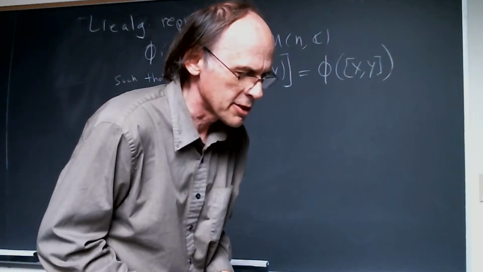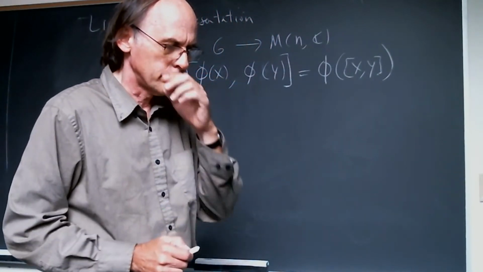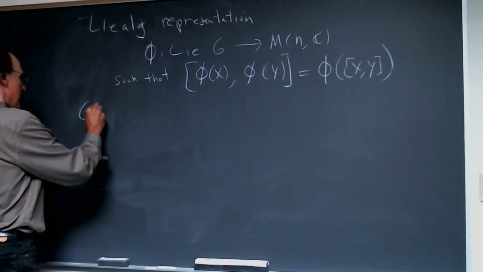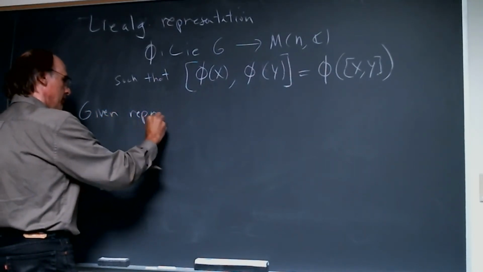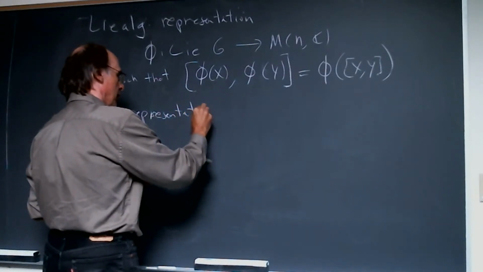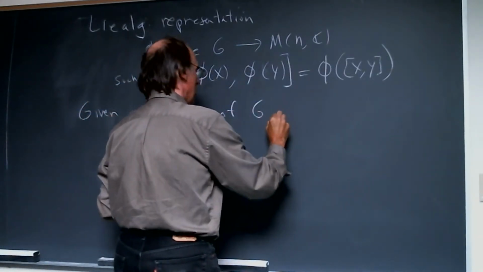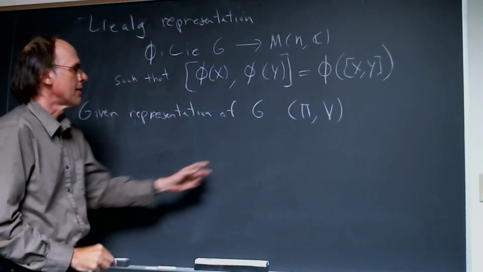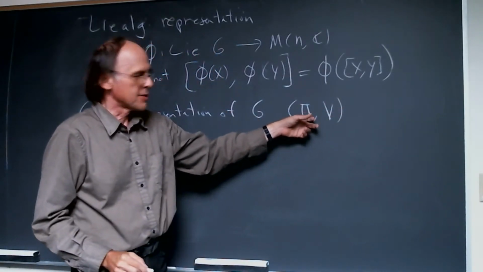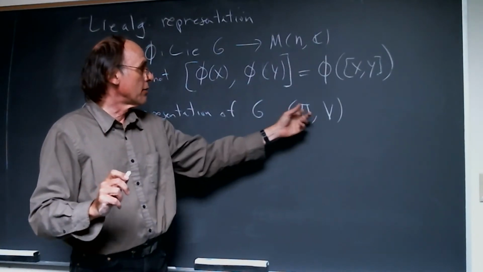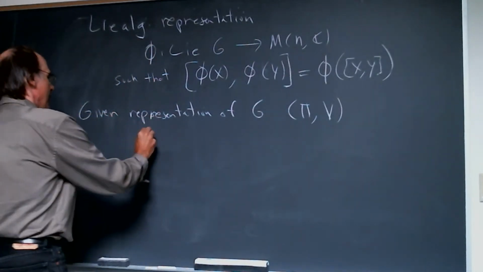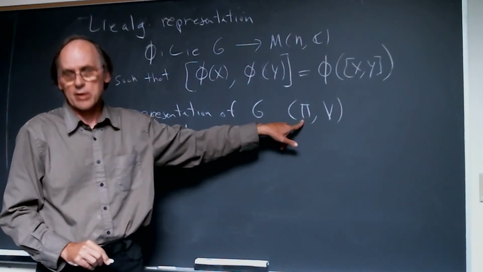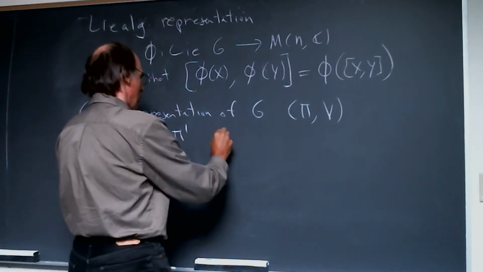And then maybe just the last thing to say about this is that if you're given a representation of G, so it's pi, a representation on some vector space V, then if you think of this as a map between the Lie group and GL(n), you take its derivative, phi equal to the derivative at the identity of this thing, which I talked about abstractly last time, is a Lie algebra representation.